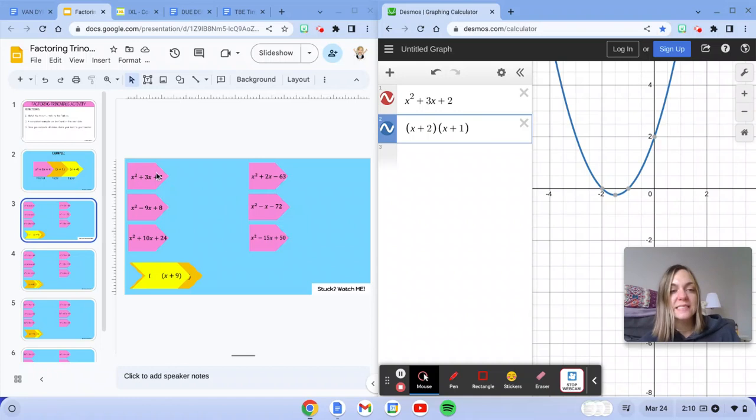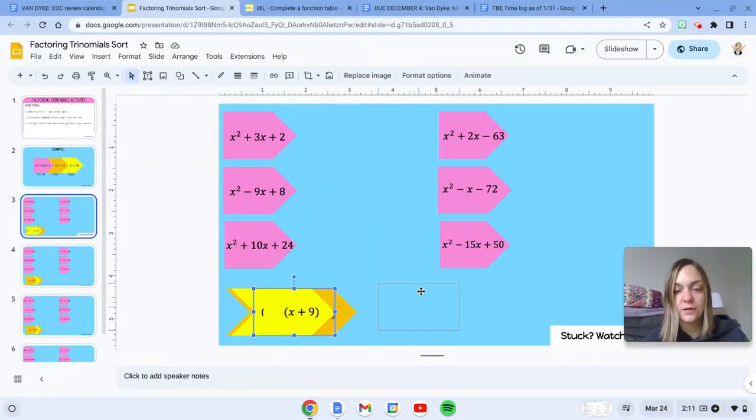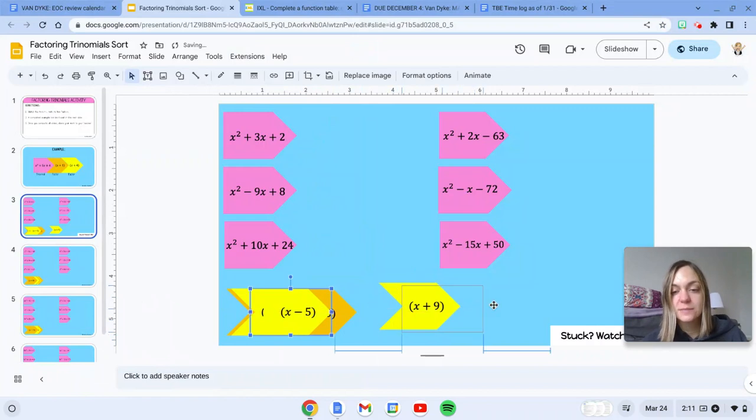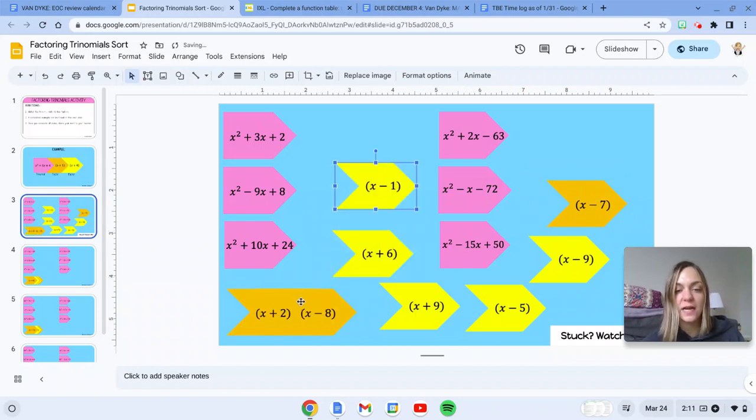So right here, what I'm going to be looking for is one factor that's x plus 2 and another factor that's x minus 1 on these little cards down here. I'm just going to go ahead and move some of these out of the way so that I'm able to find what I need.